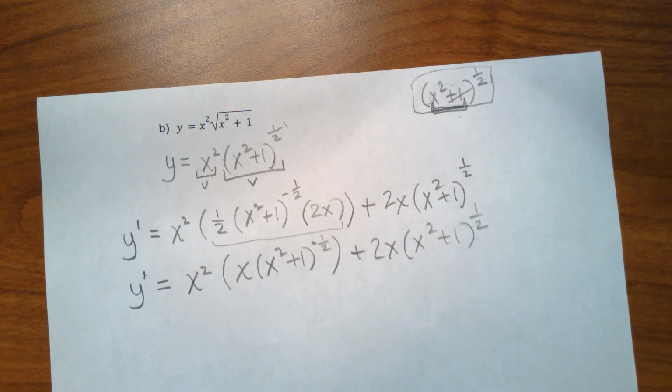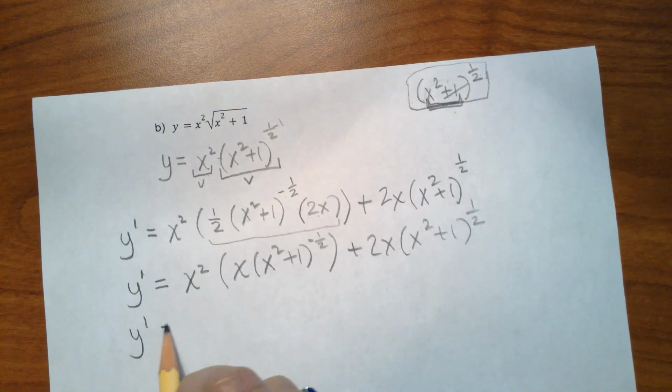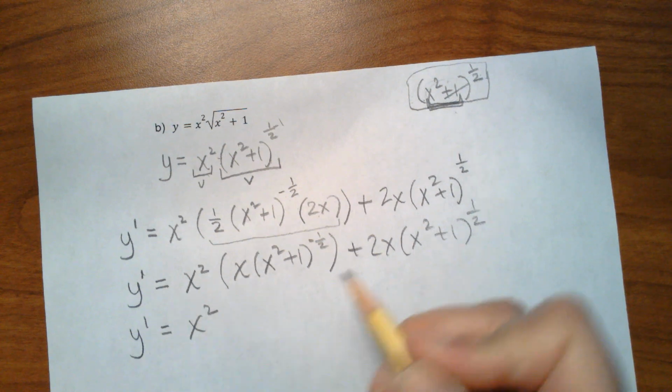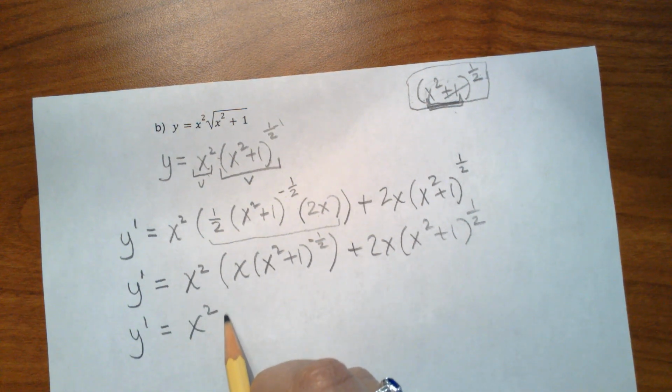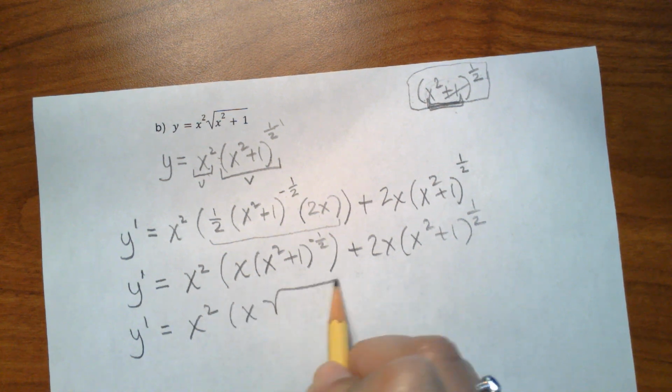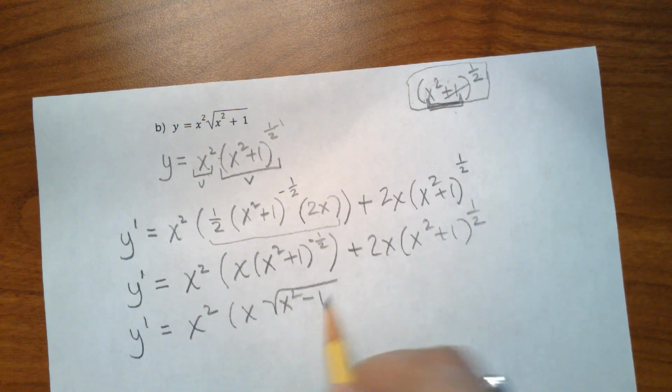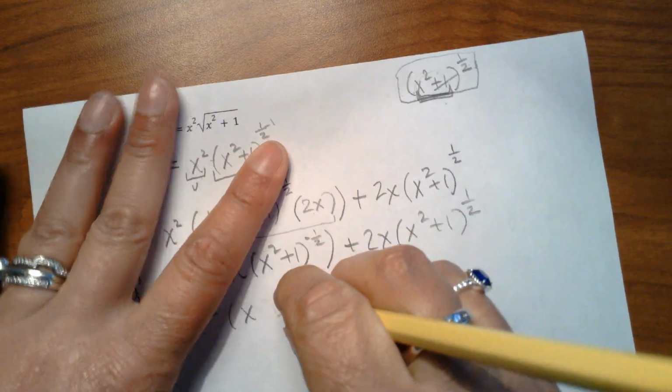I'm going to put some square roots back in because I want to take out all of my exponents that are fractions. So y prime equals x squared times the (x squared plus 1) to the negative 1/2, and this is actually negative, so how can we write that?